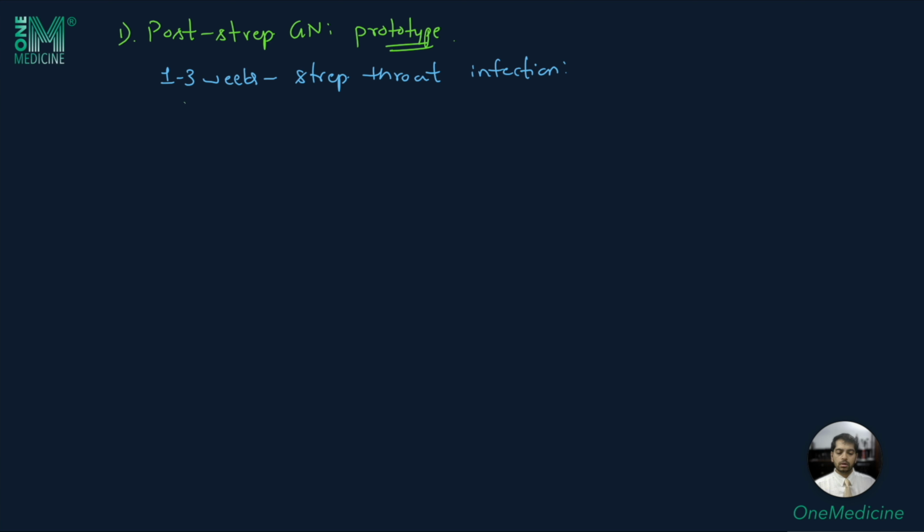Let's look at some of the important causes of acute glomerulonephritis in depth. The first one is post-streptococcal glomerulonephritis. This forms the prototype for acute glomerulonephritis. Disease usually presents 1 to 3 weeks following a streptococcal throat infection, where the implicated organism is a nephritogenic streptococcal bacterium, which belongs to the group A beta-hemolytic streptococcal species.